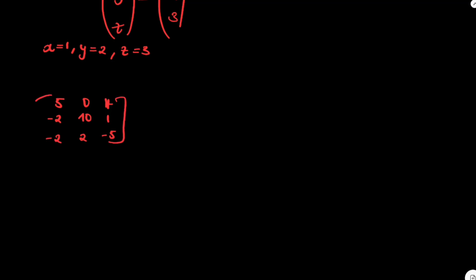This is the first matrix and we have a second matrix 5, s plus 5, 4, minus 2, minus 2, 10, 2, 1 and t plus 7.